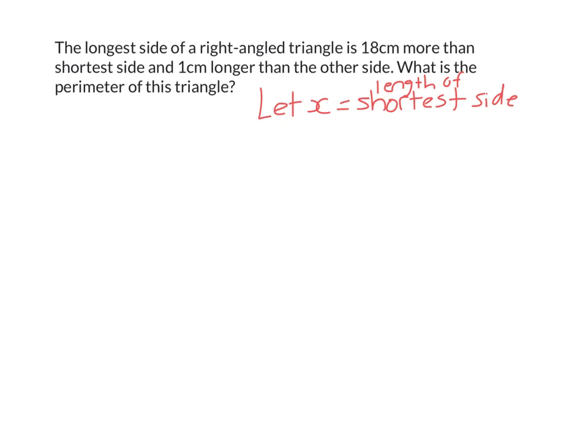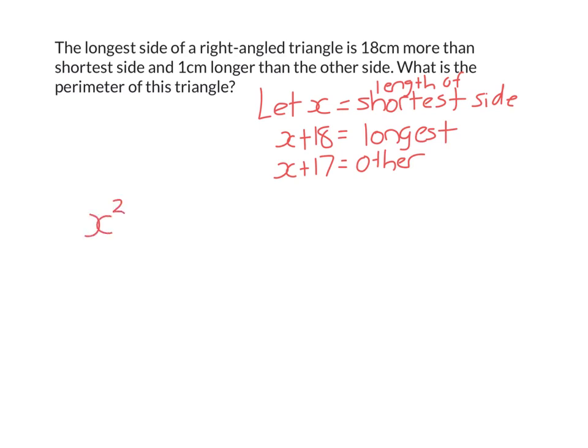We need to write them in terms of x. So if x is the shortest side, then x plus 18 is going to be the length of the longest side. And that means because it's 1 centimeter longer than the other side, then the other side will be x plus 17.